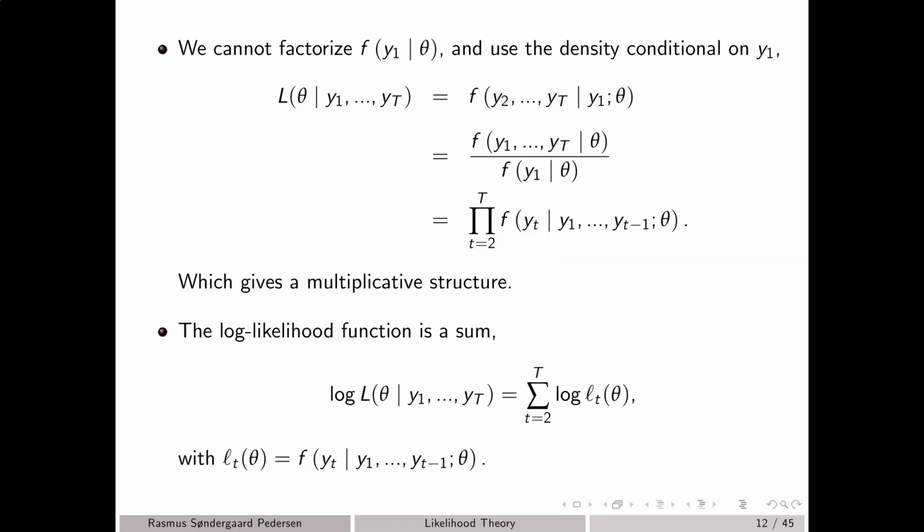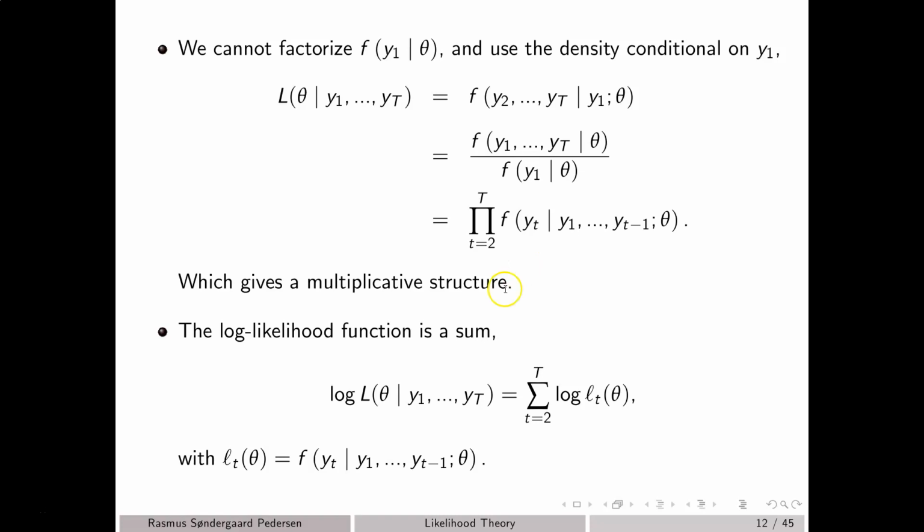We get this product structure, or multiplicative structure, even though the observations are dependent. This multiplicative structure is different in the sense that we are no longer taking the product of the marginal densities, but of the conditional densities.